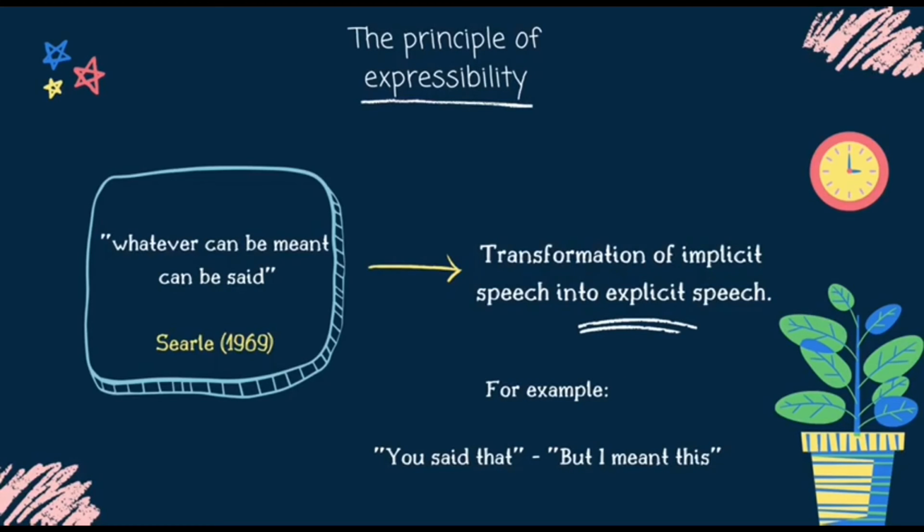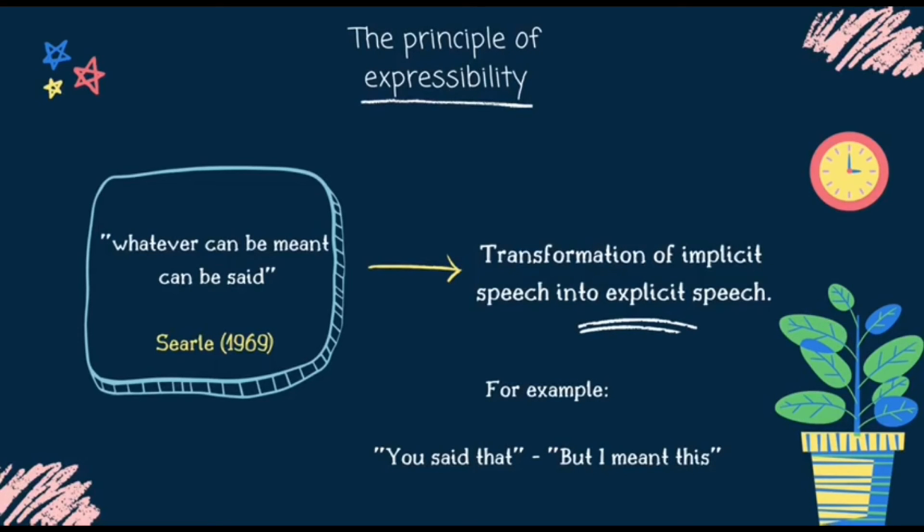The problem of meaning and saying and the principle of expressibility: philosophy of language distinguishes between the meaning of a sentence and of an utterance, between what is said and what the speaker means or intends to say by uttering a sentence or expression.